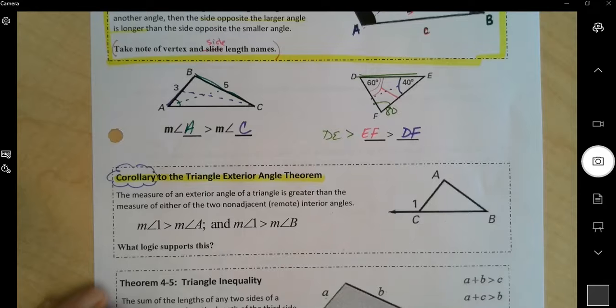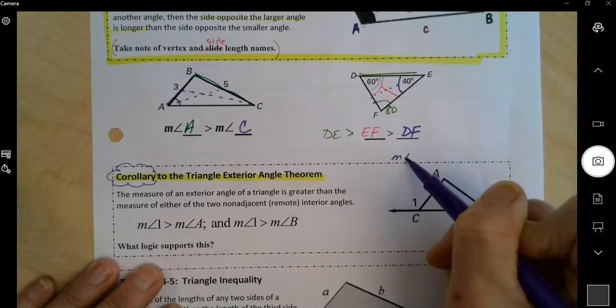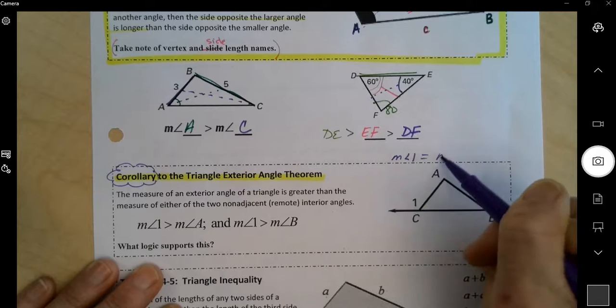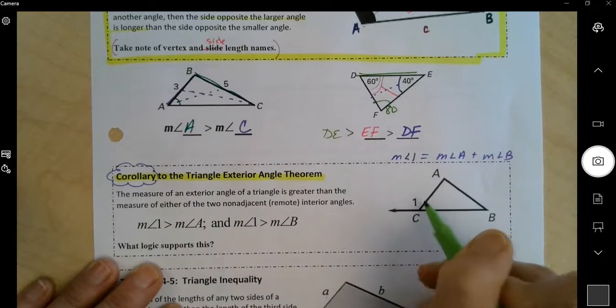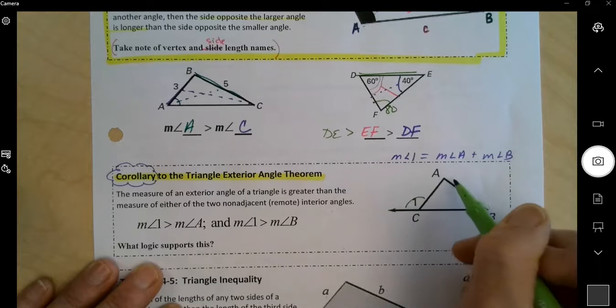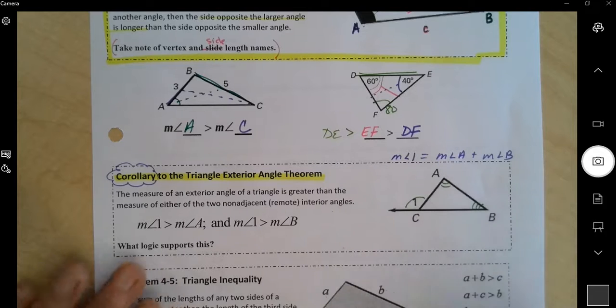So this one's an interesting one. Because I know that the measure of angle 1 is equal to the measure of angle A plus the measure of angle B. Keep in mind 1 is an exterior angle. So it's going to be equal to these two angles added together.